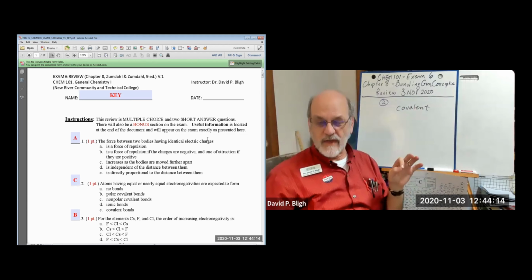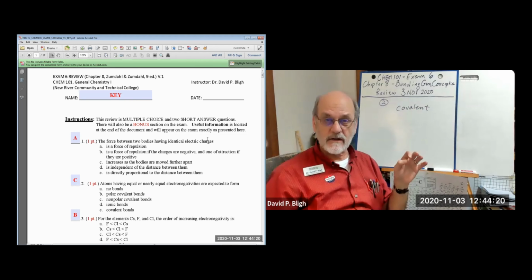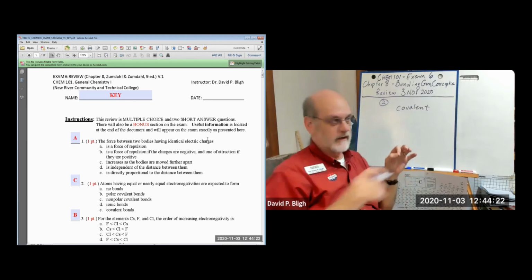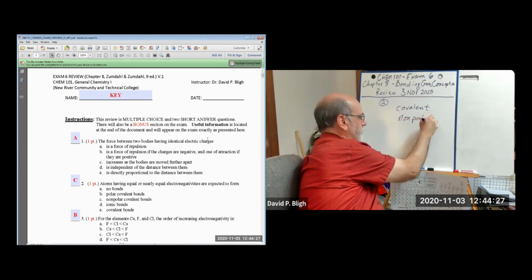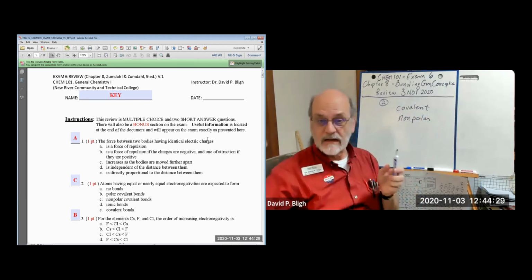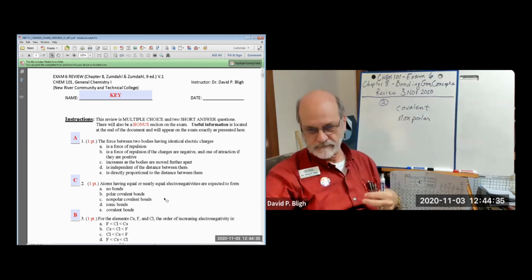But there's even more than that. If they're nearly equal in electronegativities, the bonding is not just covalent, but it's nonpolar covalent. Okay? And the best answer for that one is C, nonpolar covalent bonds.